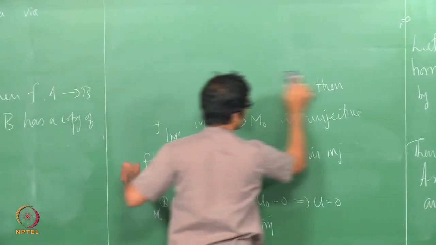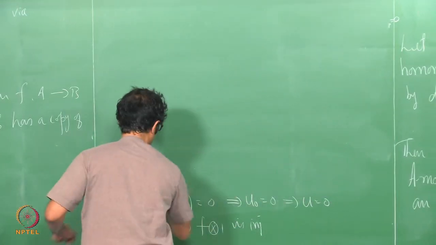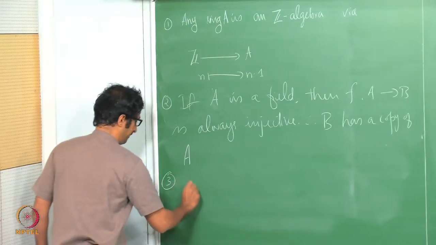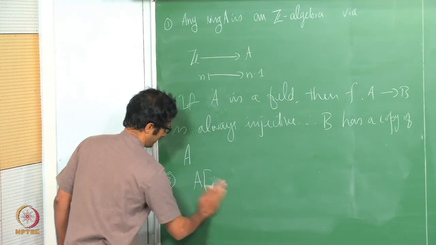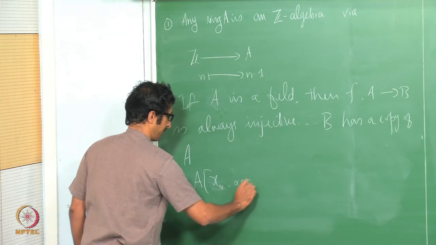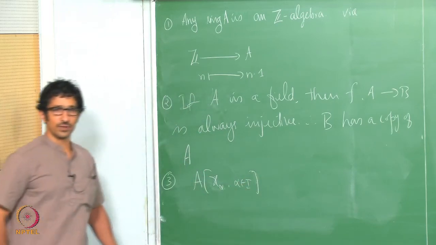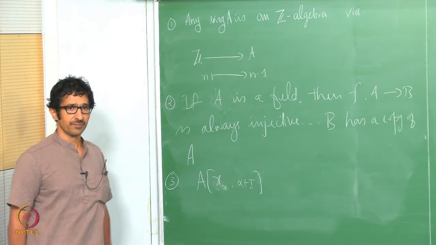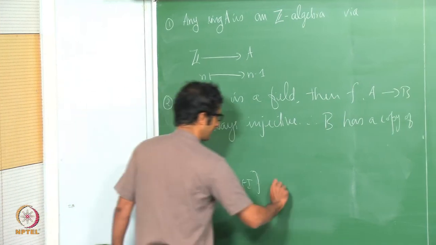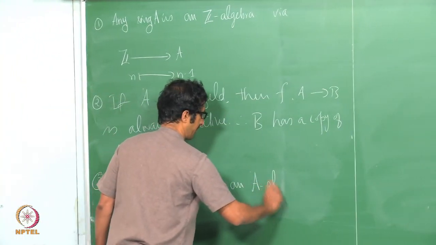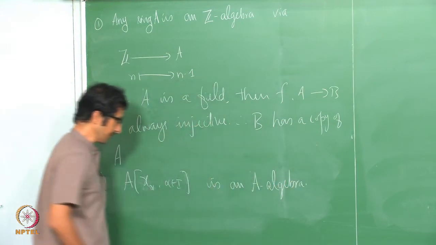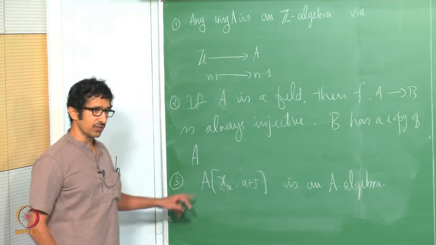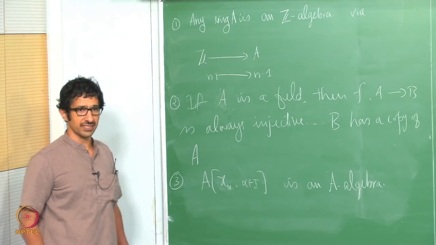Some of the familiar algebras, in fact for any ring A: the polynomial ring in some variables X alpha over A is an A algebra. In this case also we have a copy of A inside this, the inclusion map is injective.